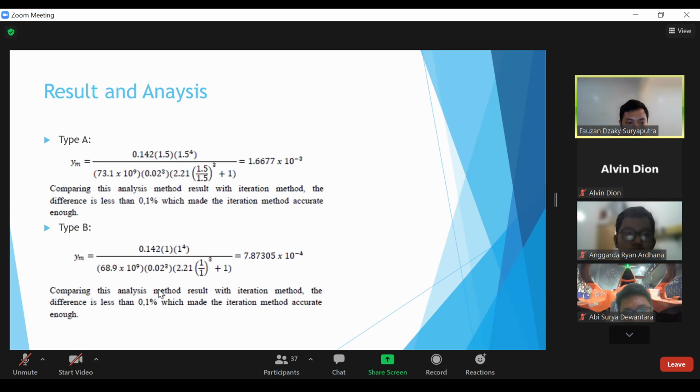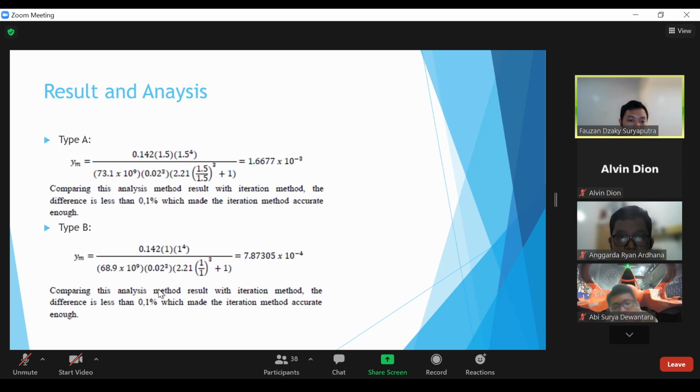That is from MATLAB, but from the analytic method that we used earlier, the maximum deflection for type A is 1.6677 times 10 to the power of -3 meter, and type B is 7.87305 times 10 to the power of -4 meter.